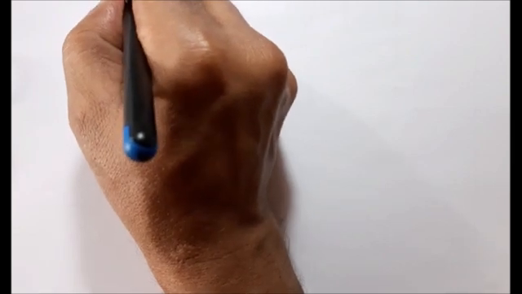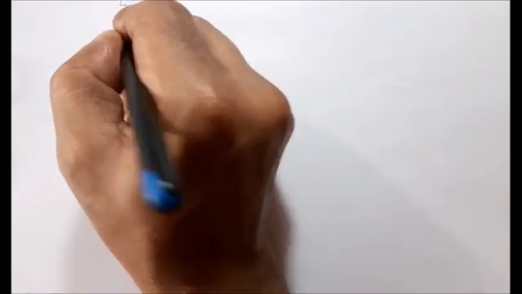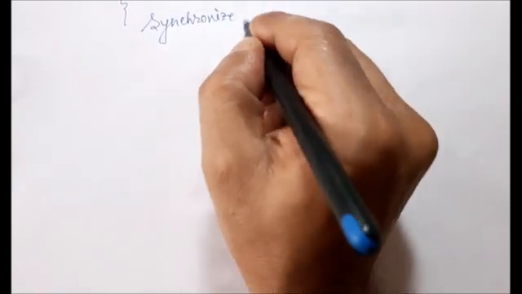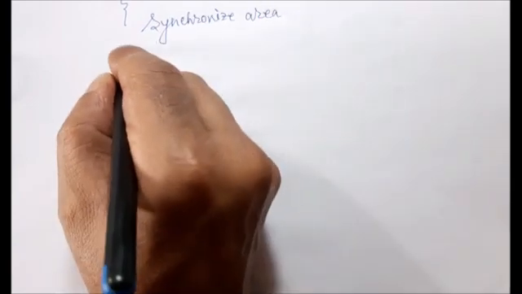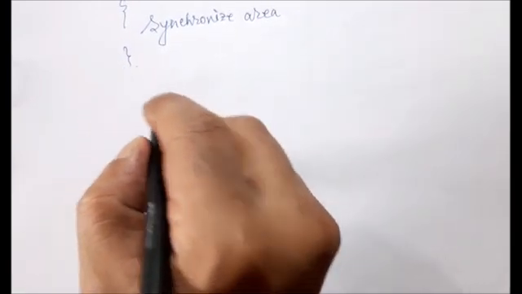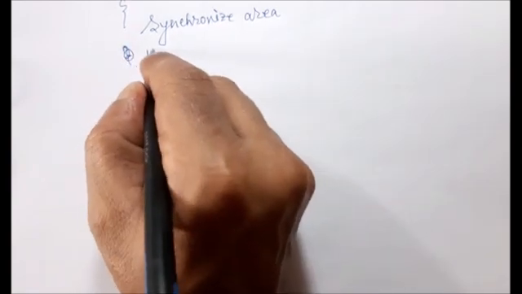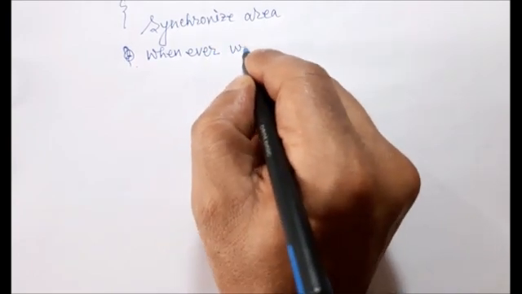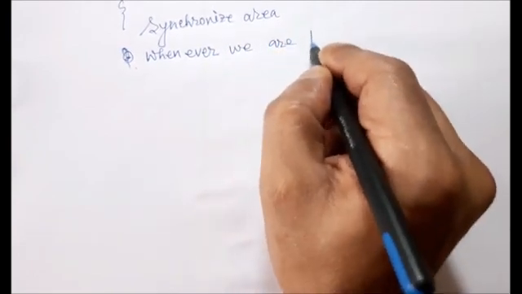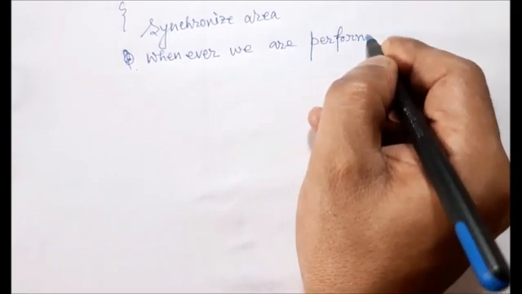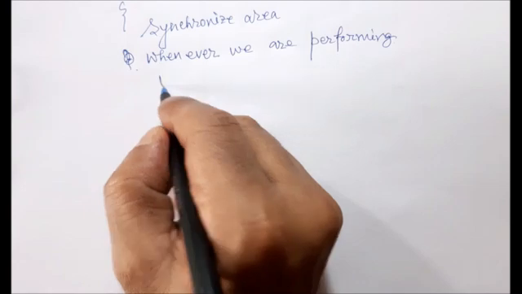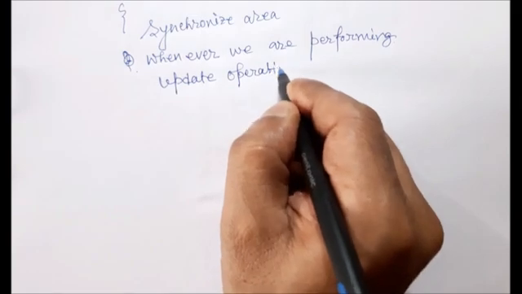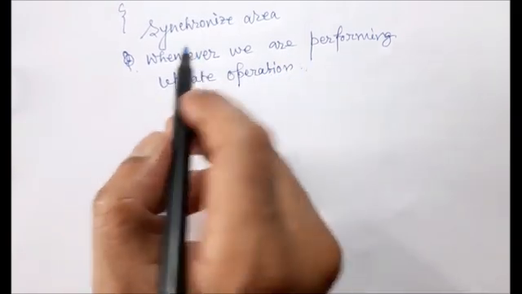For example, class X. I will write the synchronized area, where the very important data is kept, whenever we are performing an update operation. Okay, this is the synchronized area.